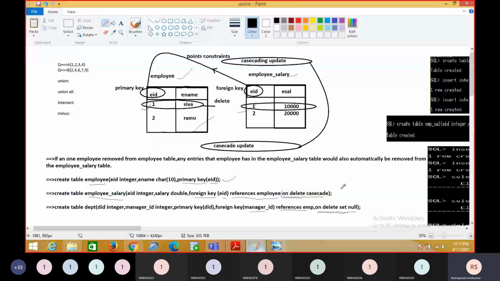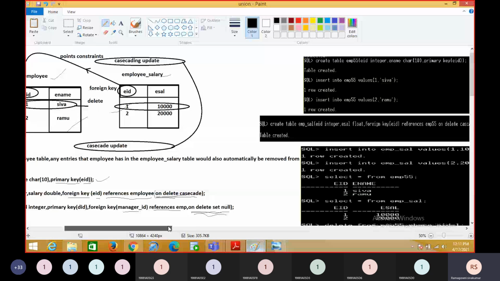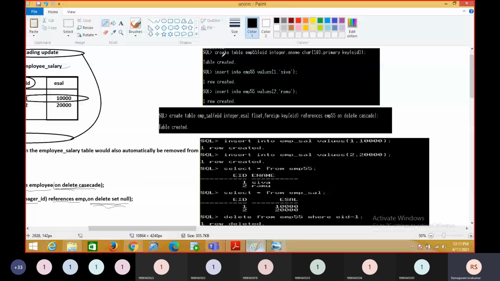See here, I created the tables. Create table employee55, where EID is an integer, ename is char, and the primary key is EID. By using this syntax, I created one table.